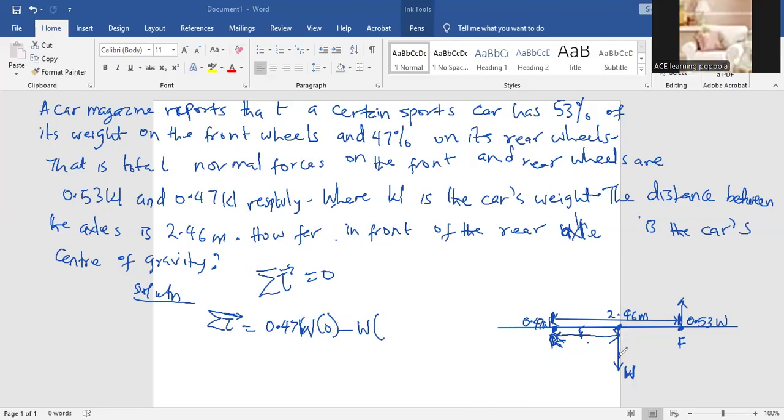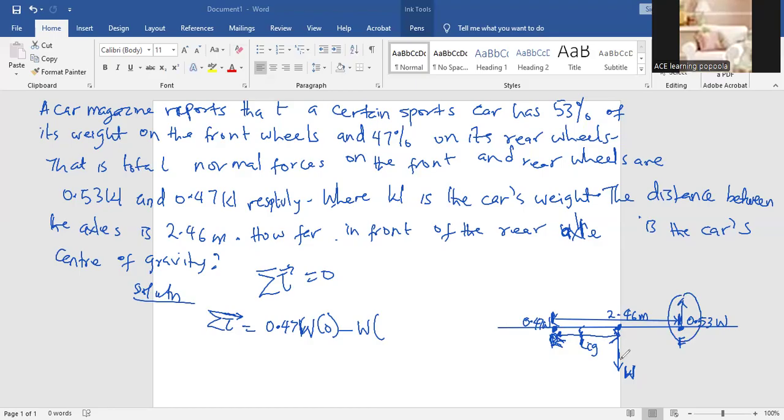Now, considering W, we do not know what the distance here is. Since this is where we want to locate our center of gravity, let's imagine that this force, this normal reaction here, does not exist.